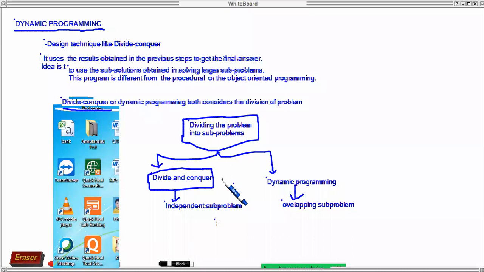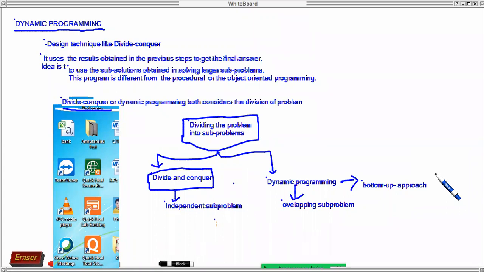Dynamic programming mainly uses which one? The bottom-up approach. Can anybody say in which case the bottom-up approach is used? Where are we using the top-down approach? For divide and conquer, you use the top-down approach.